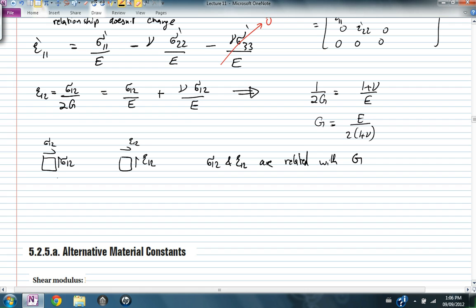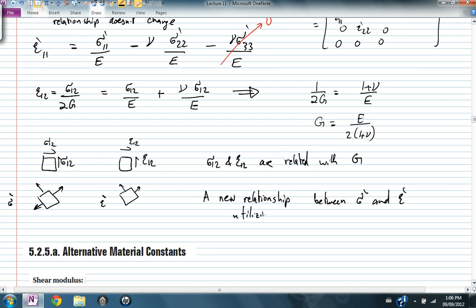But because we can find a coordinate system in which the stress does not have shear and the strain does not have any shear components for this particular problem, I have sigma prime and epsilon prime, and a new relationship between sigma prime and epsilon prime, utilizing only E and Poisson's ratio because we don't have any shear.